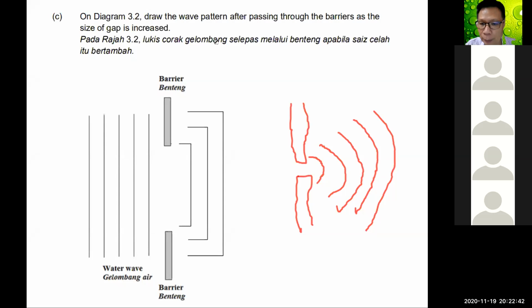When the gap is small, it becomes like that, very obvious diffraction. Okay, finish.